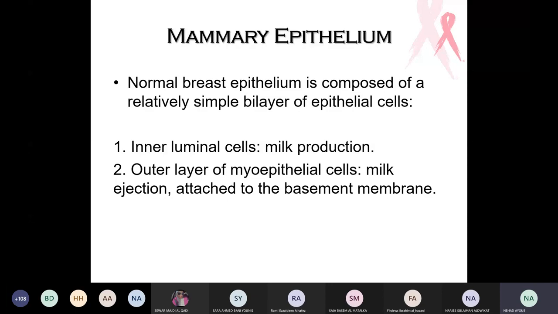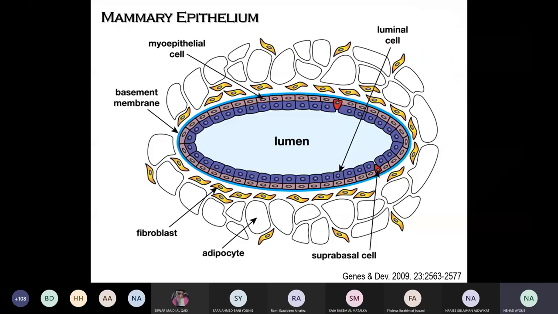If we simply take a section from the mammary duct, we find that its structure is very simple. We have a bilayer, two layers of epithelial cells: an inner layer of what we call luminal cells, and right above it what we call myoepithelial cells. These two cell layers are surrounded by the basement membrane.